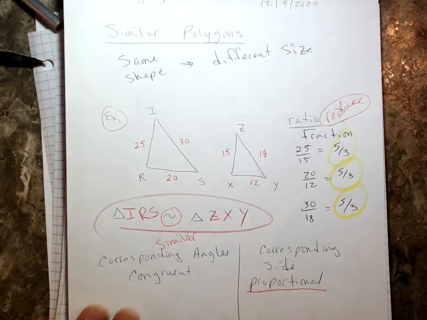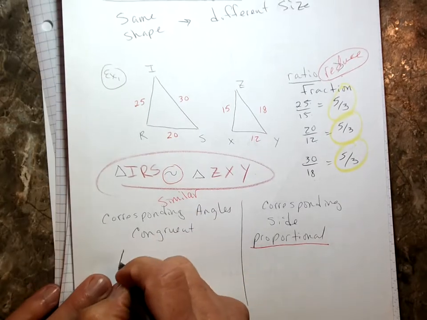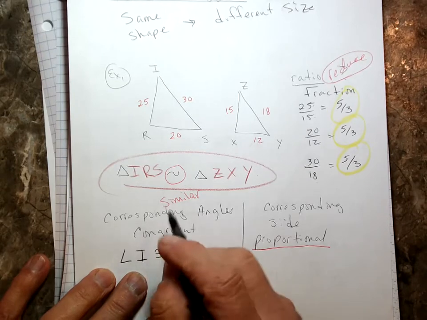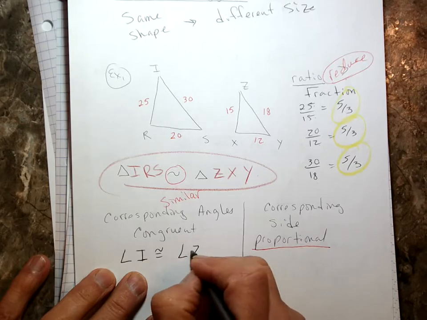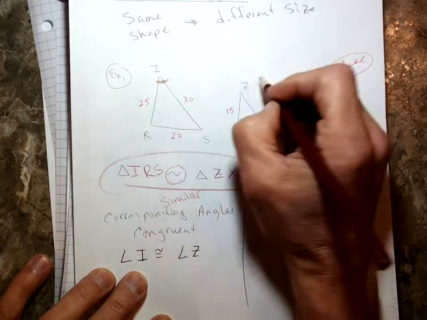Now, corresponding angles. We know that angle I is congruent to angle Z. I'm going to mark that. So this angle is congruent to that angle.